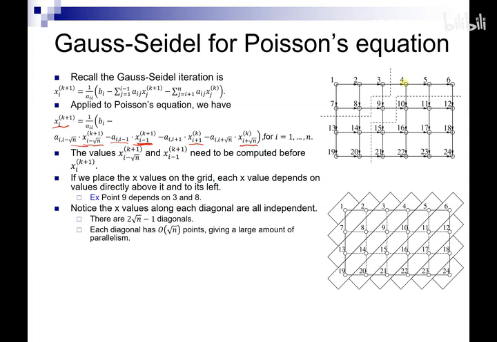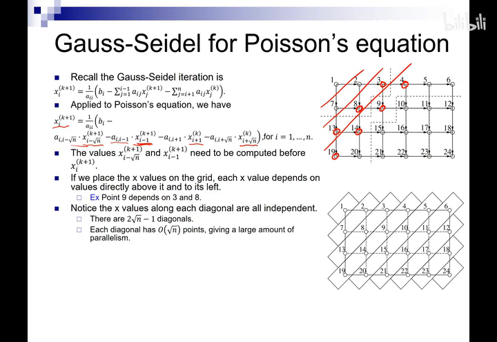For example, take this diagonal with the 4, the 9, the 14, and the 19. The only elements they depend on are the 3, the 8, and the 13. So if you compute diagonal by diagonal, then in the previous step we computed the values at points 3, 8, and 13 for iteration k plus 1.